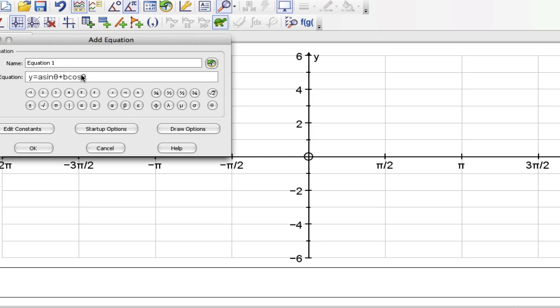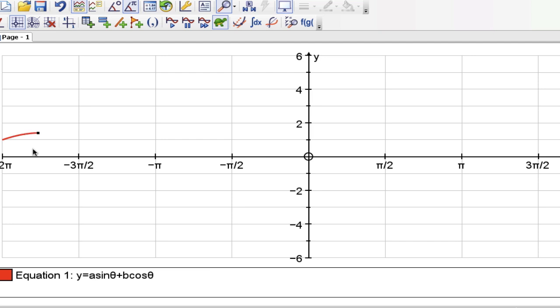Maybe take a moment to think of what you think that graph looks like. Okay, let's let Autograph plot it. Now, this graph here has the wave-like function of a sine graph or a cos graph.